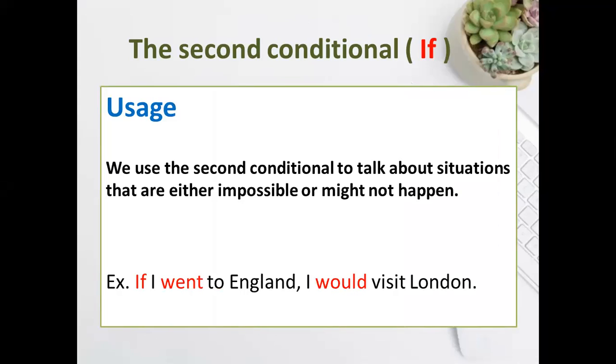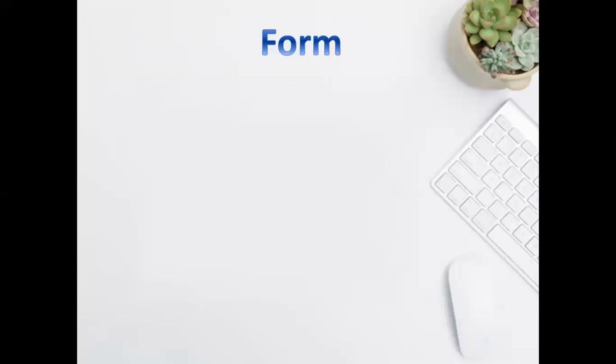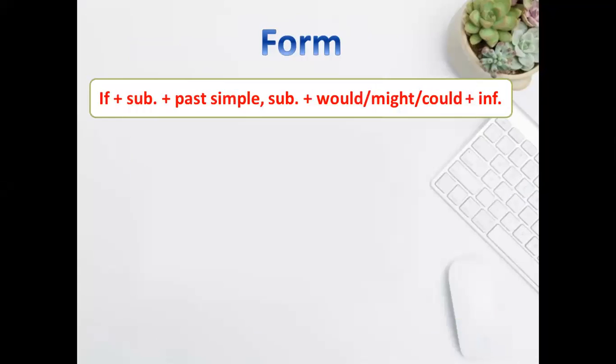If I went to England, I would visit London. Form: we start with if. When we start with if, we use subject, past simple, comma, another sentence: subject, would, might, or could, plus the infinitive. So we use past simple in the first sentence after if, and in the second sentence we use would, might, could, plus the infinitive.